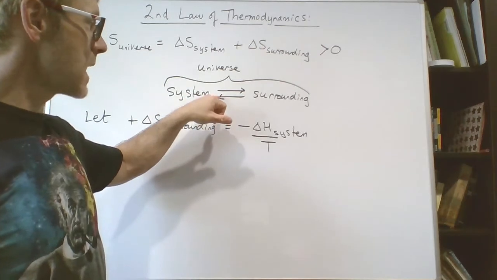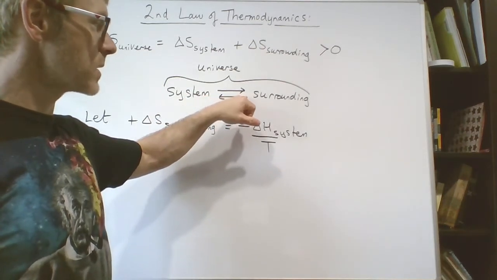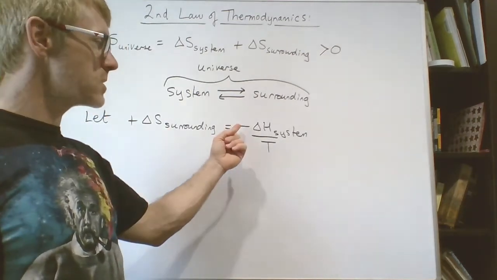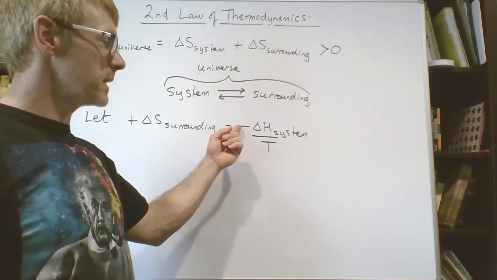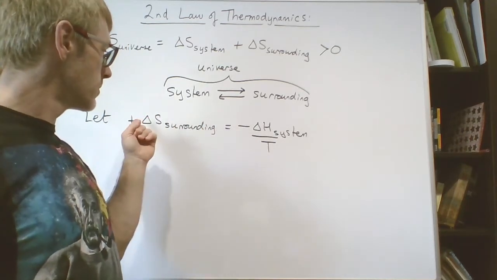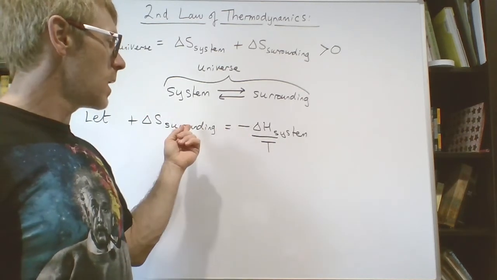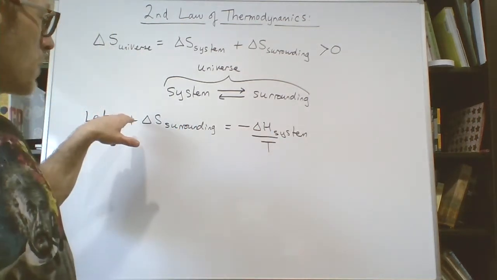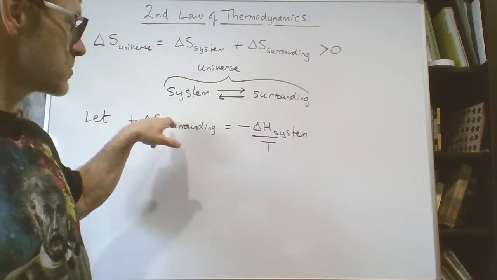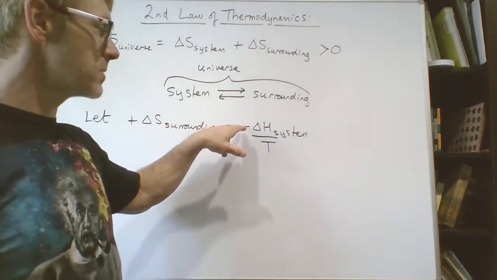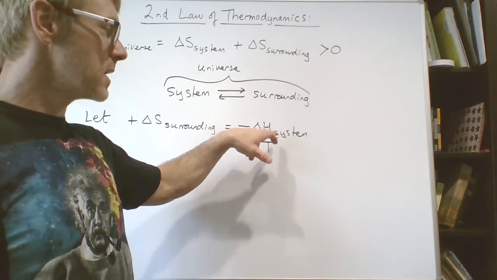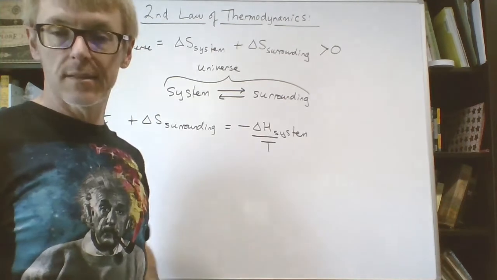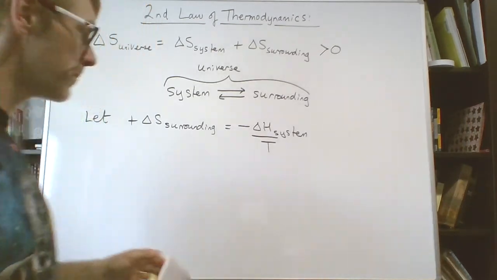The system has the head of this arrow, the surrounding has the tail of that arrow, so the directionality is what leads to the change in the label of the variable from positive to negative upon changing the label surrounding to system. So a positive increase in the surrounding entropy is equal to a decrease, a negative change, in the enthalpy of the system divided by temperature, and here temperature has to be in units of Kelvin.